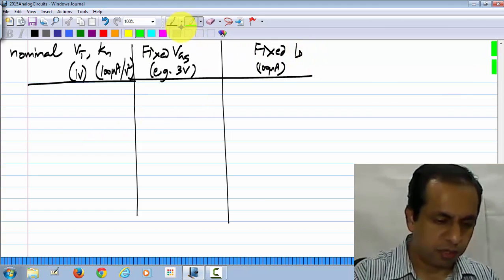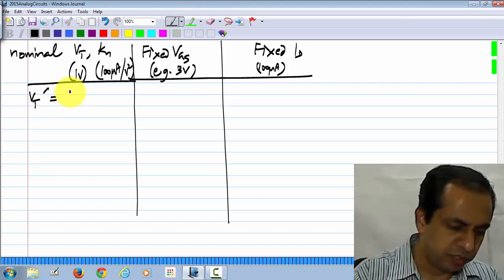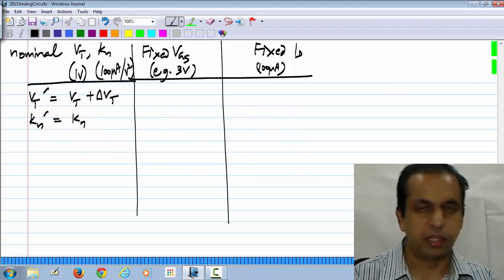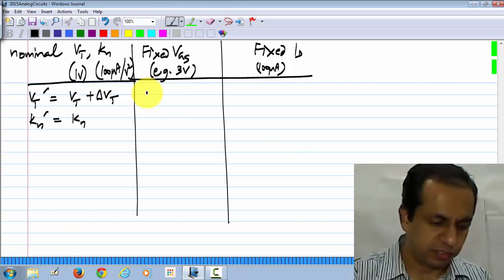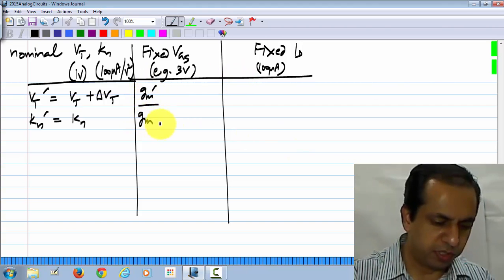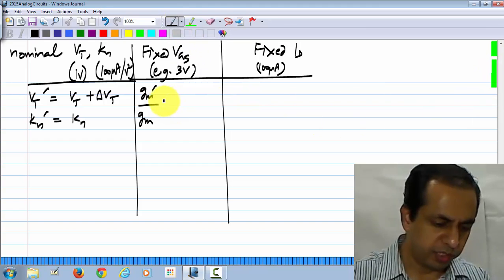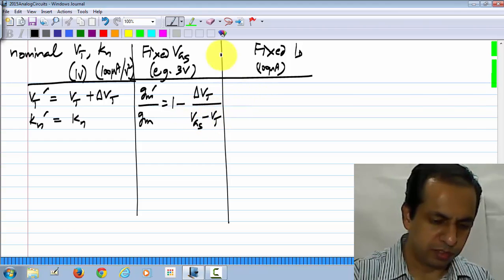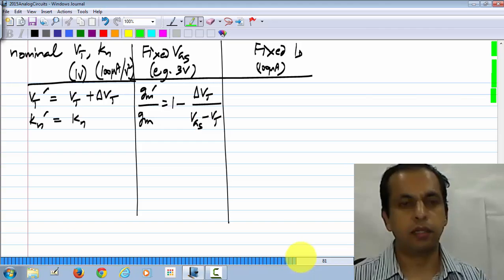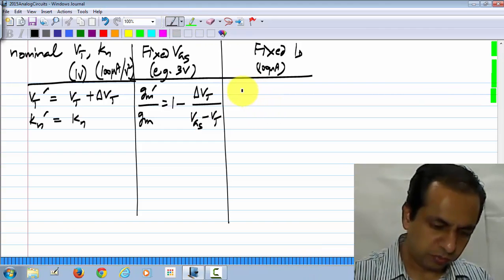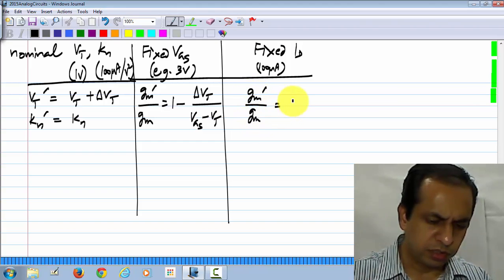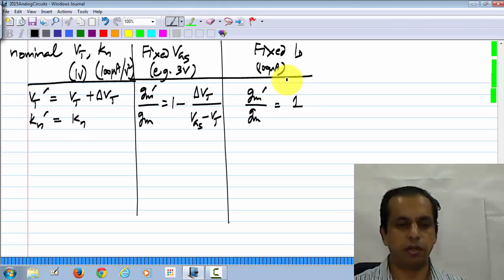First, let's look at what happens when the threshold voltage changes by delta Vt, but Kn remains as it was. We have already evaluated this. The ratio of the new Gm to the old Gm is 1 minus delta Vt by VGS minus Vt. And in case of fixed ID, this is just 1 because Vt has no effect at all.